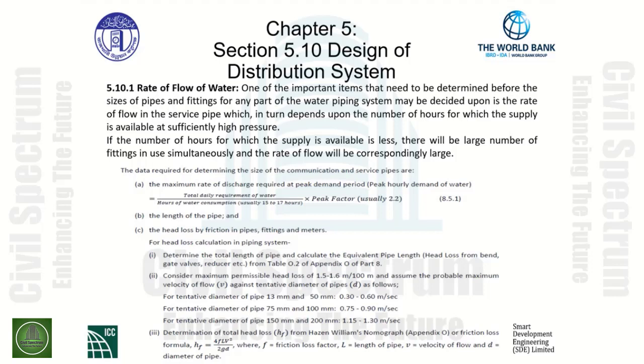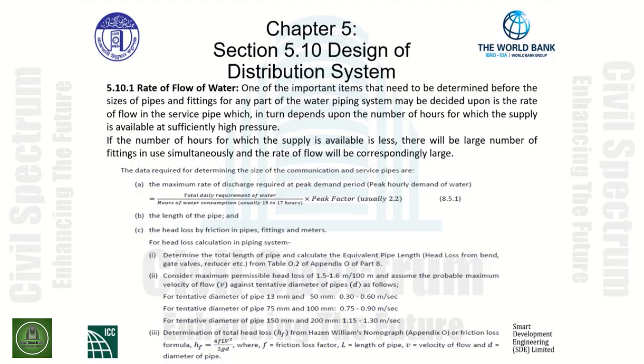So the data required for determining the size of the communication and service pipes are as follows. Item A indicates the maximum rate of discharge required at peak demand period. Now this is peak hourly demand of water, given by the equation: total daily requirement of water indicated in the numerator and in the denominator divided by hours of water consumption.